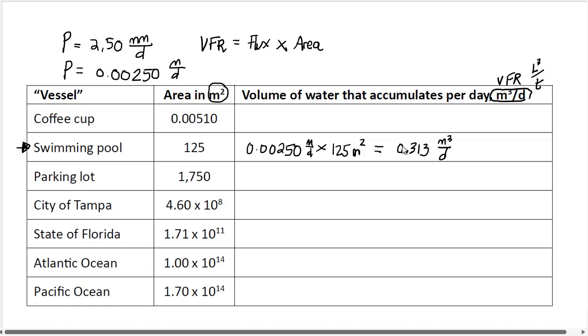Now I'm just going to write in the rest of these so you can check your answers, but the procedure is exactly the same for each of these other vessels. We multiply the flux in meters per day times the area in square meters to get the volumetric flow rate in cubic meters per day.